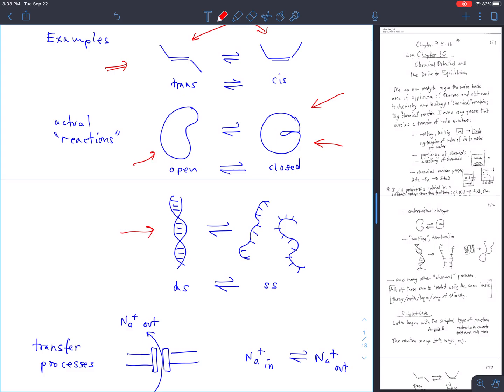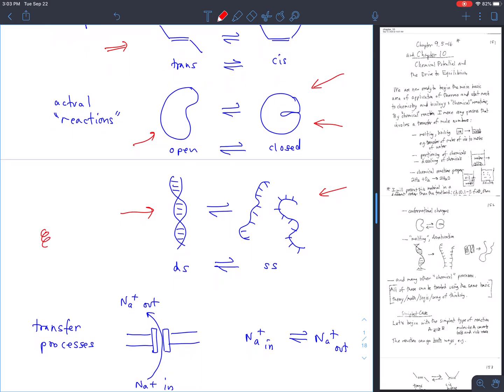Or a transition like this one where you have a DNA molecule that melts and comes apart into its single strands. Or a protein molecule, let's say it's something that looks like this, that melts or denatures and comes apart into a random coil configuration. Those are usually treated as two-state systems, even though in principle there's a whole bunch of other states in there. And in that case, this would be A and this would be B and so forth.